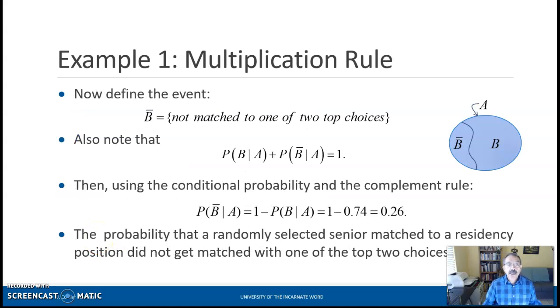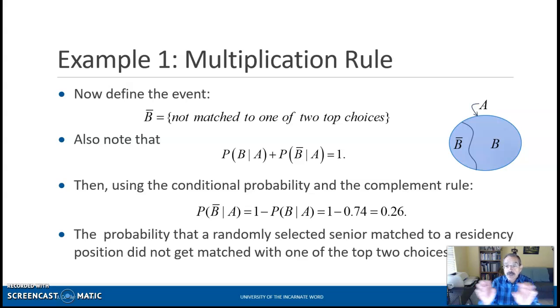To solve part B, we need to state the other event that I mentioned, which is not matched to one of the top two choices. And you see this is the complement of being matched to a top two choice. And then you see that event A, matched to residency position: you either were matched to one of your top two choices or you were not matched to one of your top two choices.